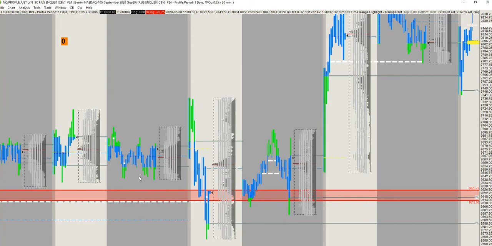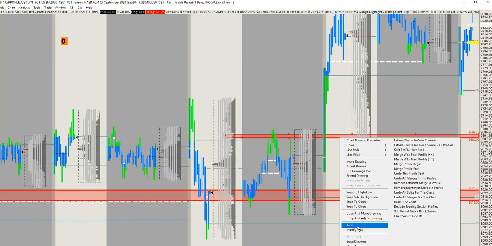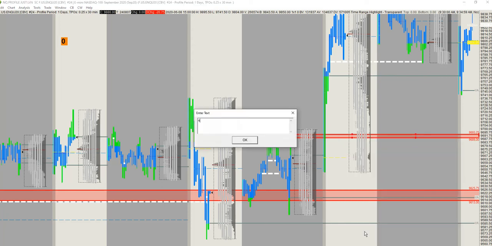So NASDAQ gave us a clue that this low volume node here of June 4th, I'm just going to write it down here, 4th of June, low volume node rejected, right?